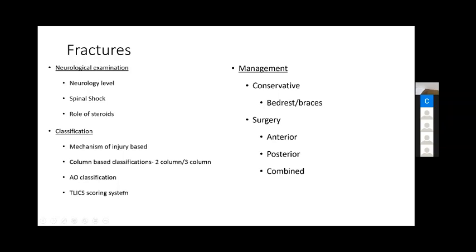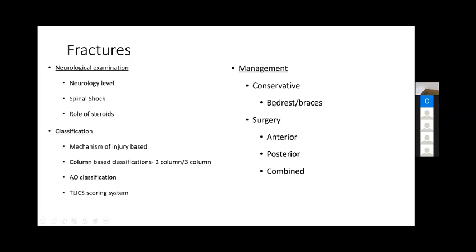It is based on the mechanism of injury, neurological deficit, MRI scan and everything. You score from 1 to 3 in each, and that is the more useful one for deciding whether you stabilize them or treat them conservatively, and how you stabilize them, anterior or posterior. So that is one useful classification system.